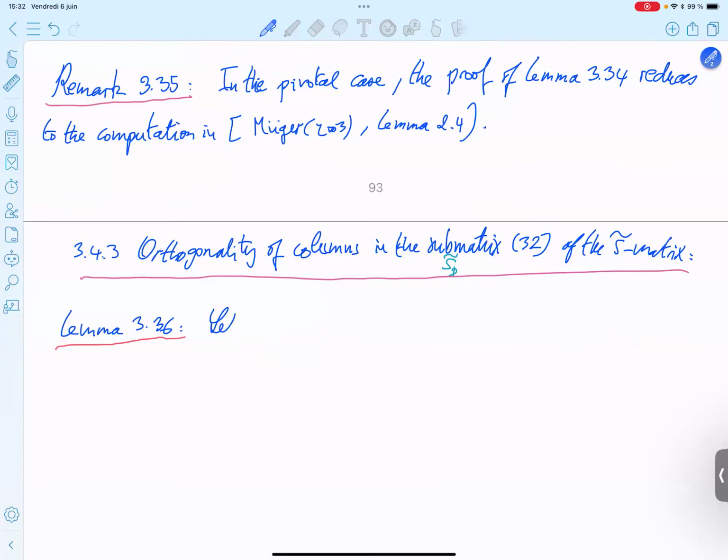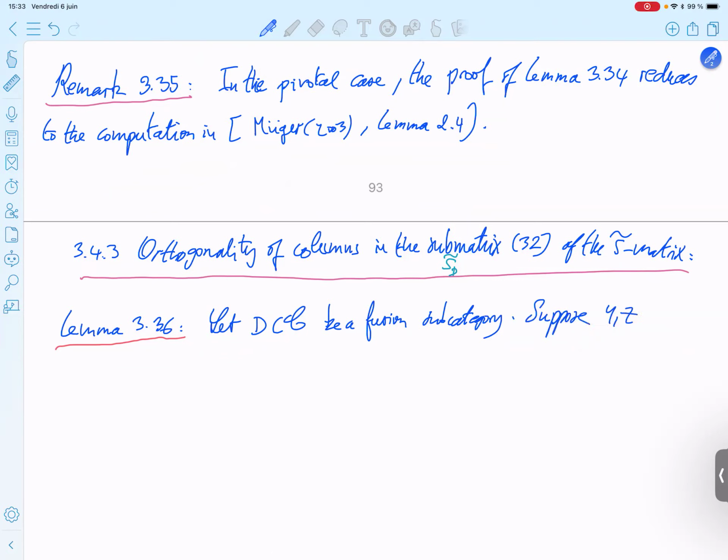So let B in C be a fusion subcategory. Suppose x and y simple lie in the same D prime component.